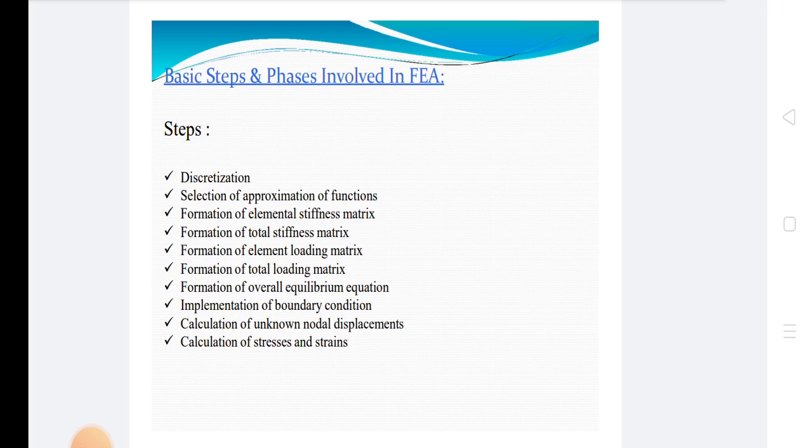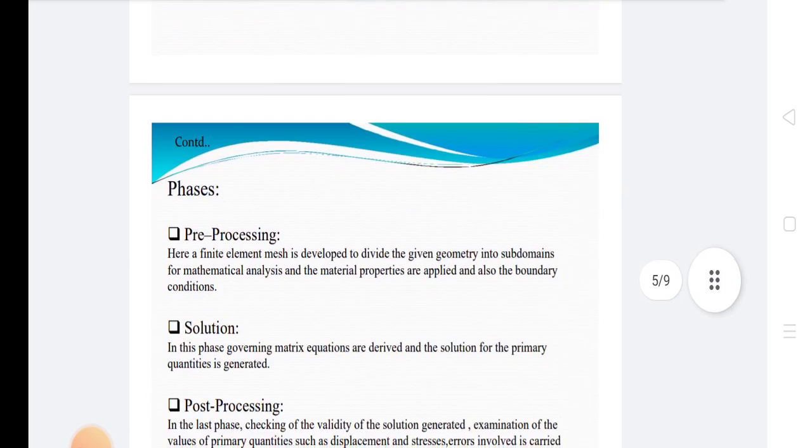Formation of the total stiffness matrix. Formation of the element loading matrix, formation of the total loading matrix, formation of the overall equilibrium equation, implementation of boundary conditions, calculation of unknown nodal displacements, calculation of stresses and strains.